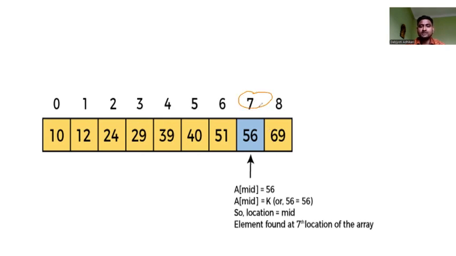So this is a very simple algorithm. It just divides our array using the mid and finds our target value, with the comparison with the mid only.